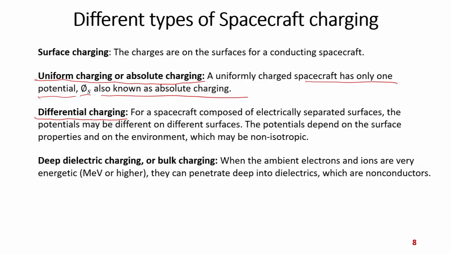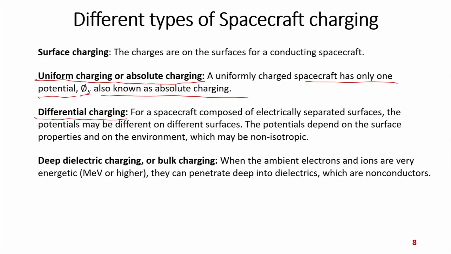The other type is called deep dielectric charging or bulk charging. This is when the ambient electrons or ions are very energetic, in the mega electron volt range or even higher. This can happen during solar energetic particle events.